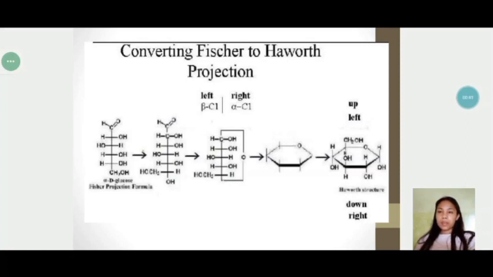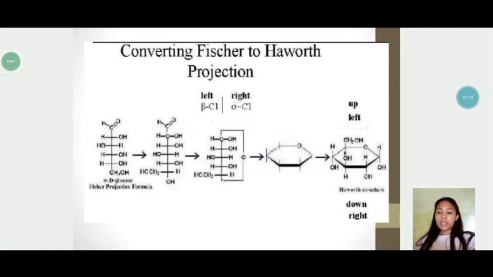So we will rotate the structure counterclockwise, rotated by 90 degrees. So the carbon atoms here in this Haworth projection structure, the carbon chain is folded to form a hexagon, with carbon 1 at the top right corner and carbon 5 at the bottom right corner.